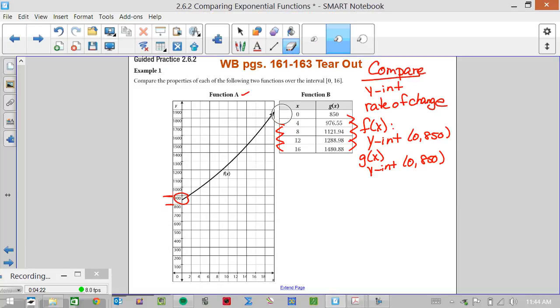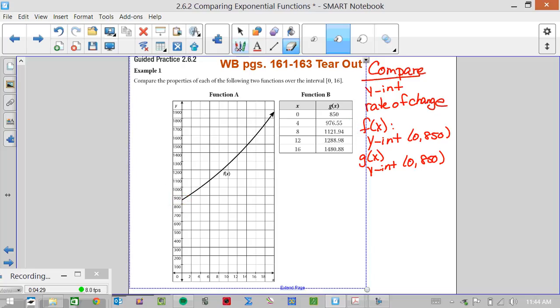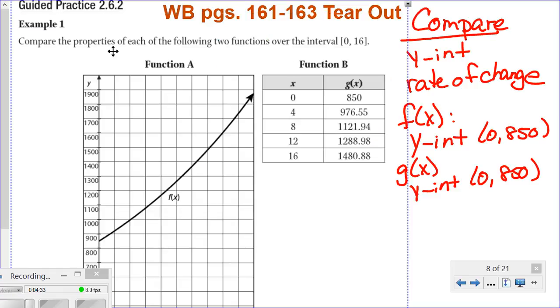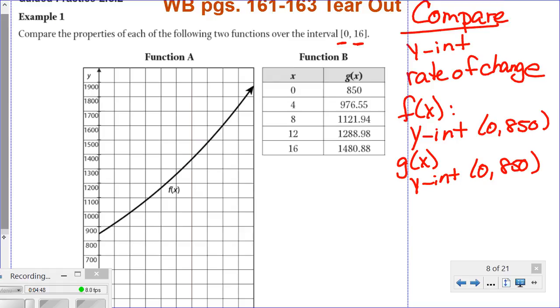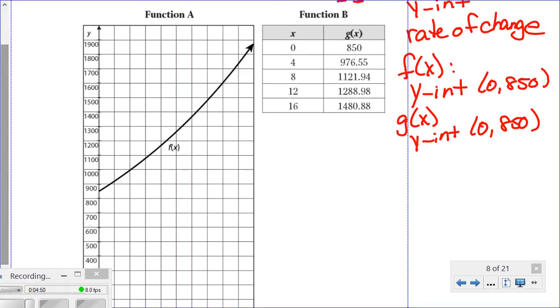So let me just get rid of these lines here. The interval that I need to use is when x is 0 and when x is 16. So let's start with the table because it's easier to work with the table at first. Function B. So I need to look at when x is 0 and when x is 16.